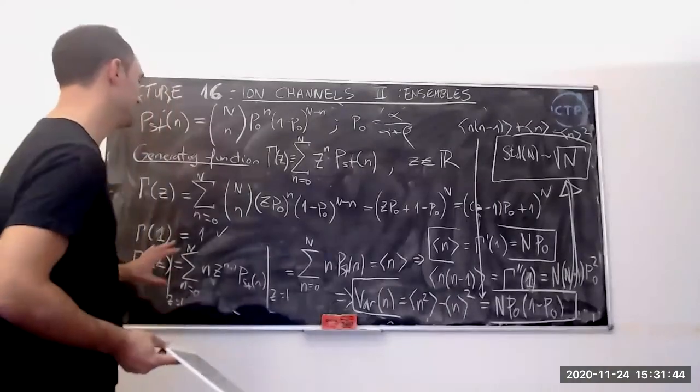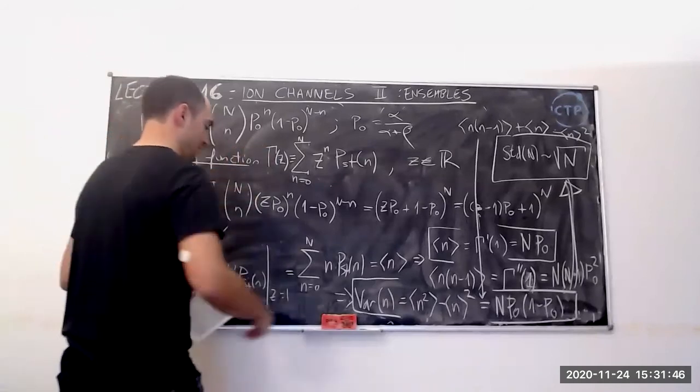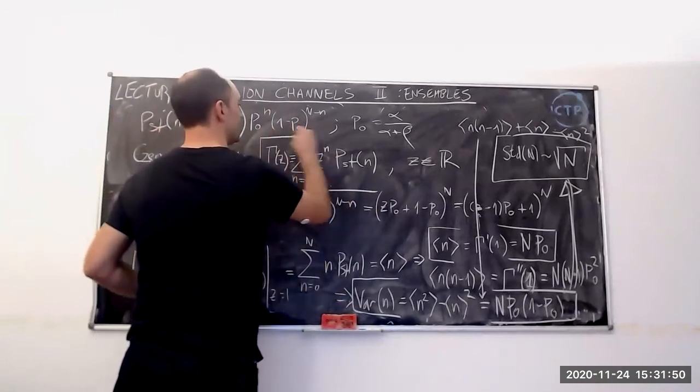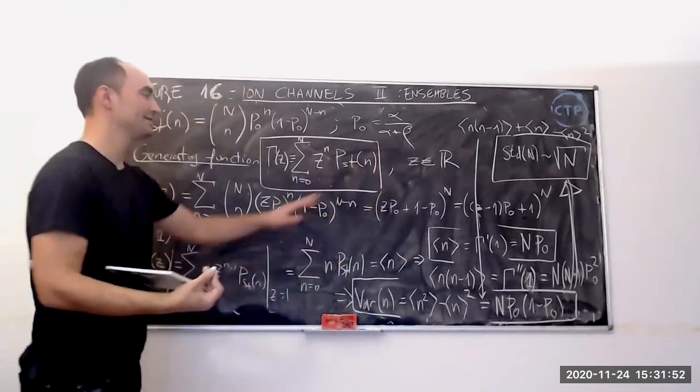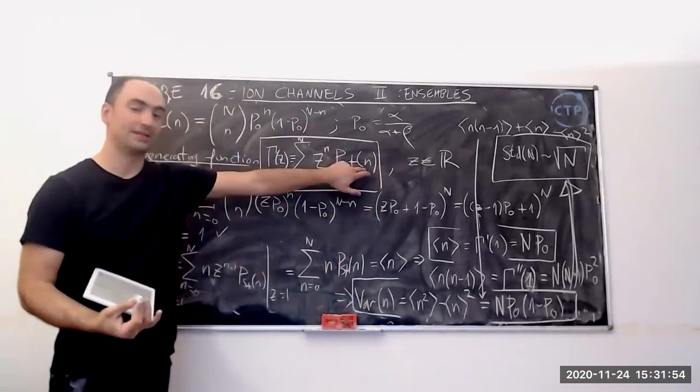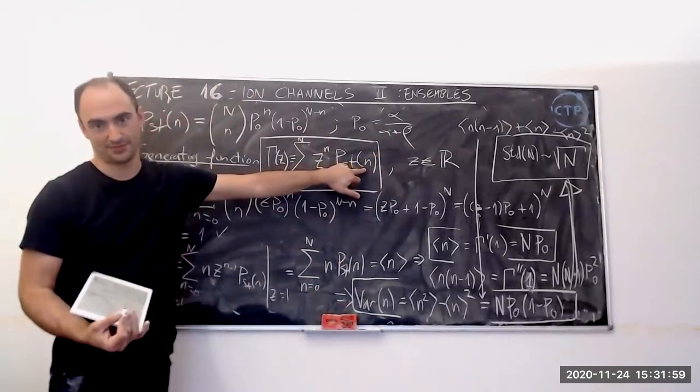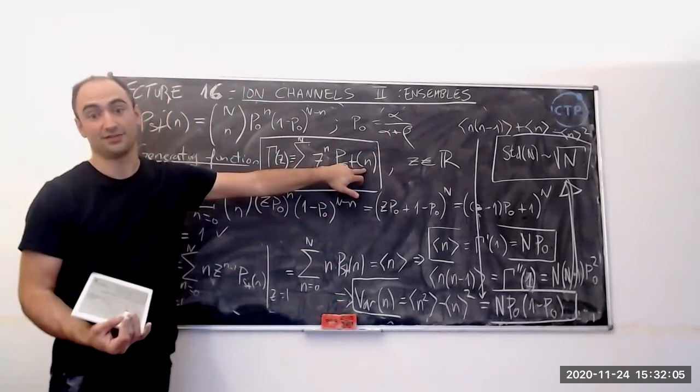Excuse me, can you tell me how you build the generating function? The generating function is defined like this. It's a sum over n, so P has n as an argument. Now, this is kind of a Laplace transform. When you do the Laplace transform of a time-dependent function, it becomes a function that depends on a frequency.